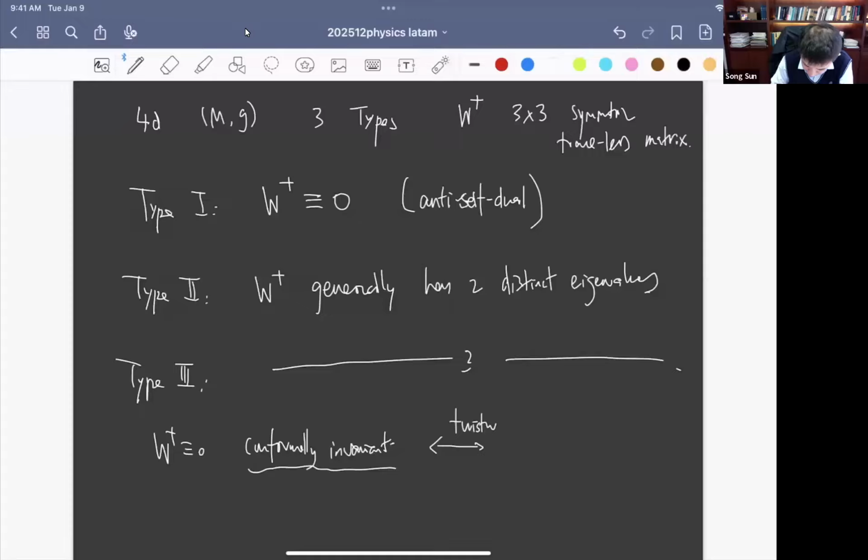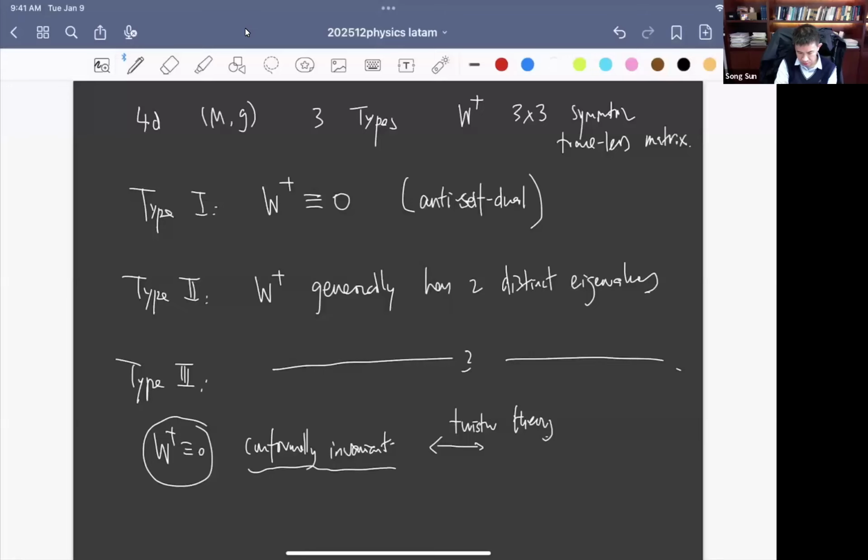If you just care about anti-self-dual structure, there's a twistor theory. So, for example, which four-manifolds admit a Riemannian metric with anti-self-dual Weyl curvature? That's called an anti-self-dual manifold.